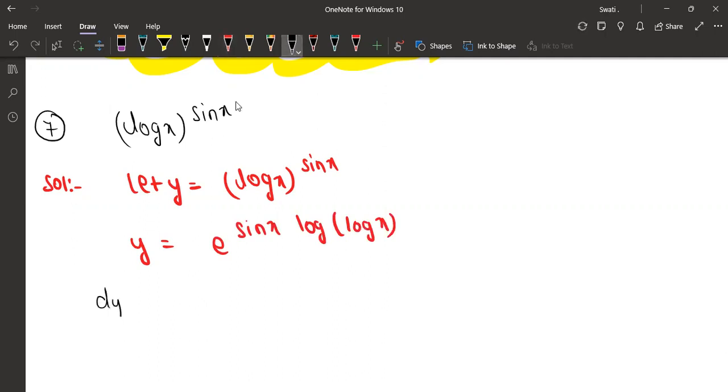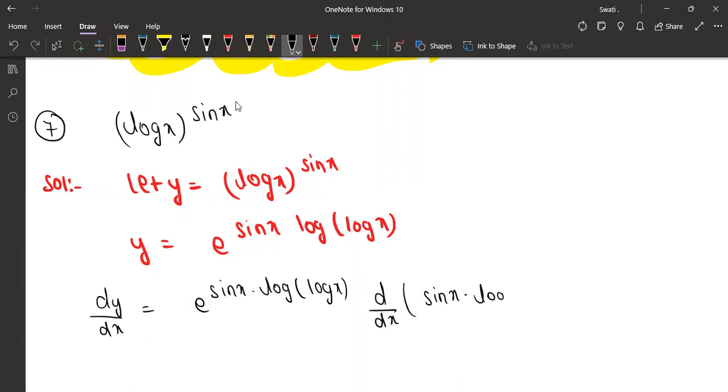Now we will do the differentiation. So dy dx, and this function as it is, which is e raised to sin x into log x, right? And then by chain rule, we will do the derivative of sin x into log x.